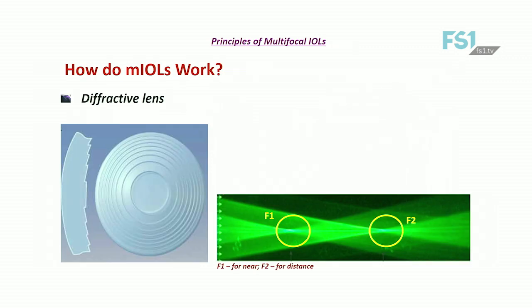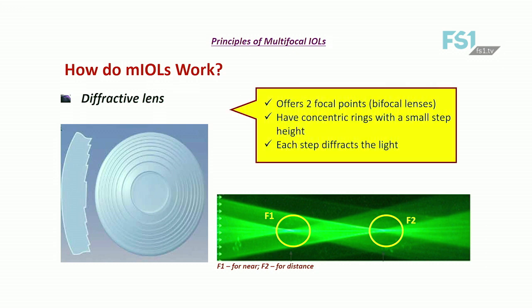So, how do multifocal IOLs work? There is a diffractive lens, as I said already, with 2 focuses. This lens offers 2 focal points, and it's called a bifocal lens. This lens has concentric rings with a small step height, and each step diffracts the light.